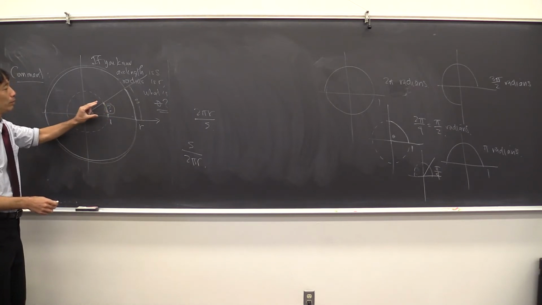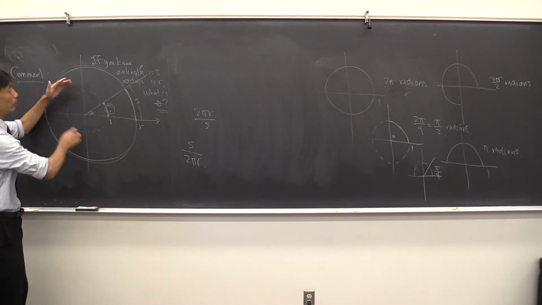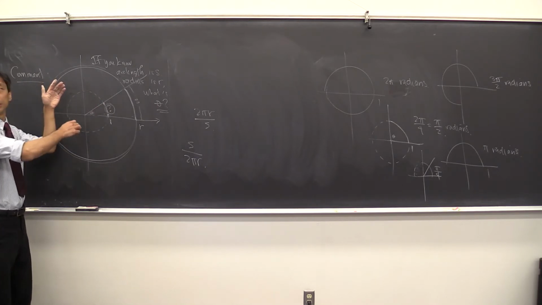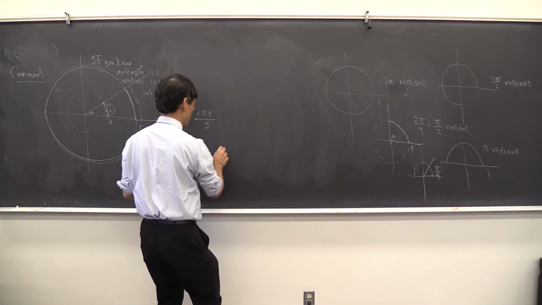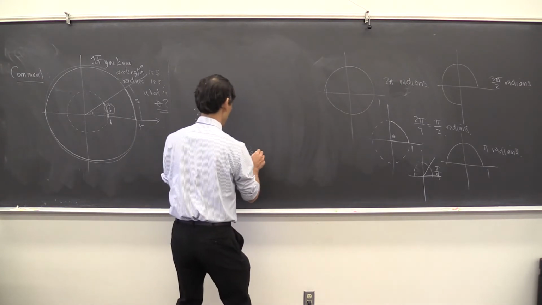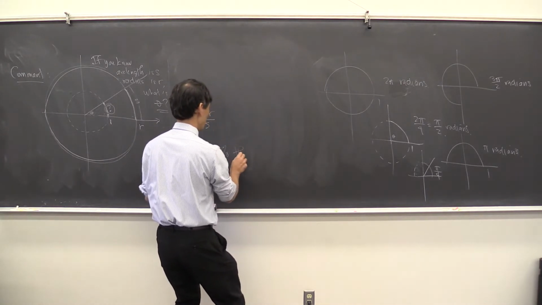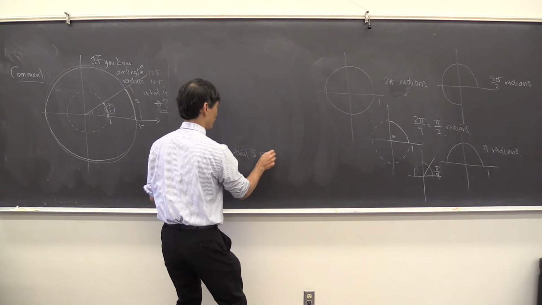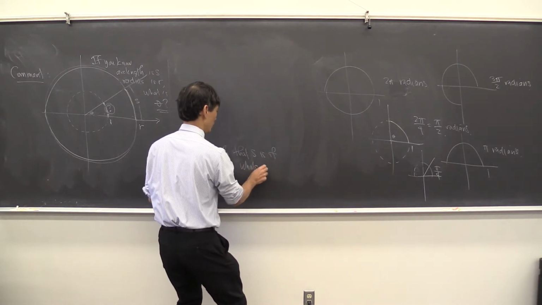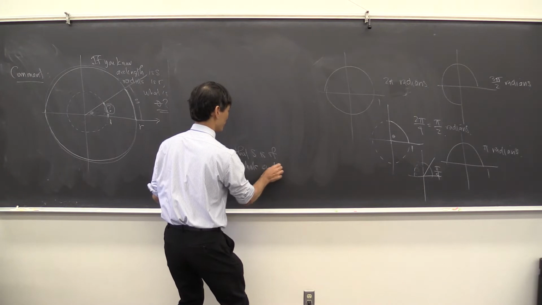We know the whole length over here. What's the total length here? This thing is the percentage that s is of the whole circle, sorry.